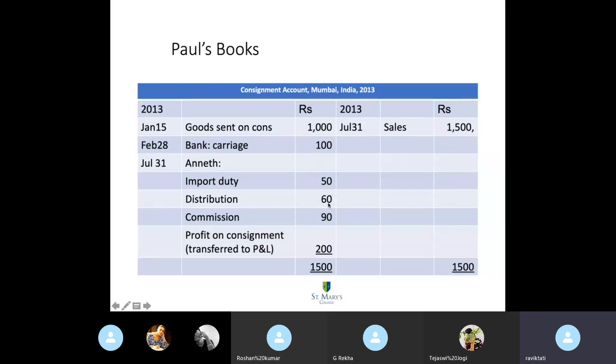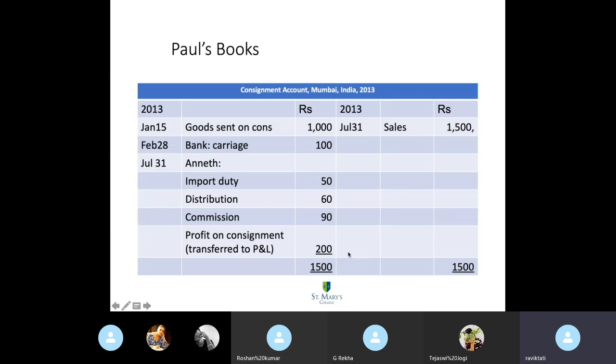And import duty 50, distribution expenses 60, and the commission that he is supposed to receive is 90, and there's a profit on consignment which is to be received by the consignor. The consignee has to pay this much.